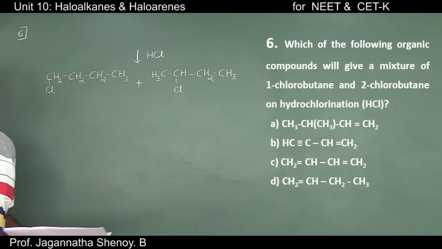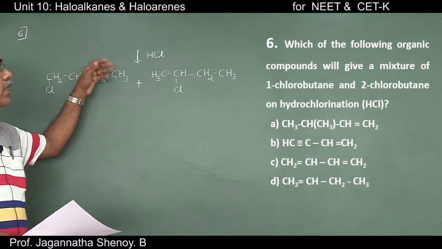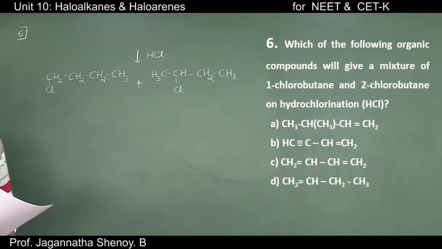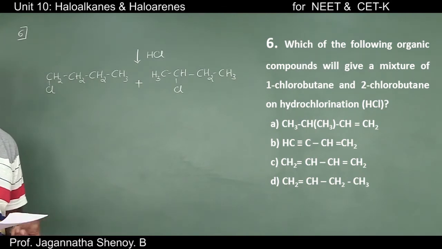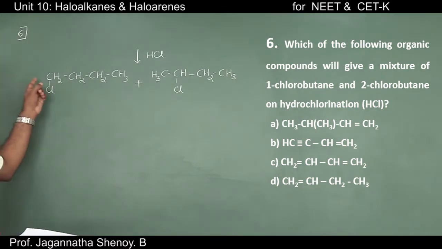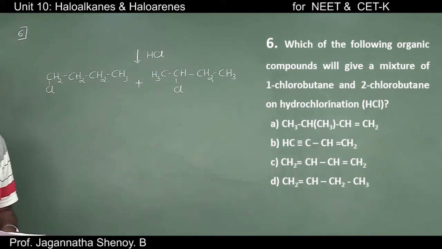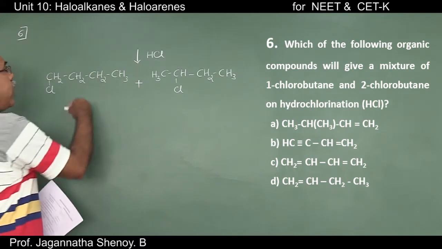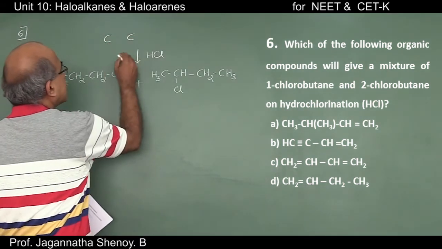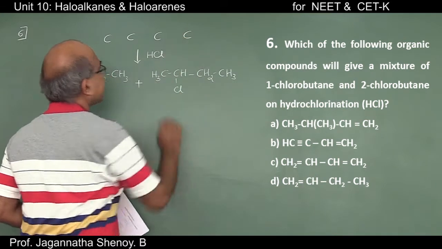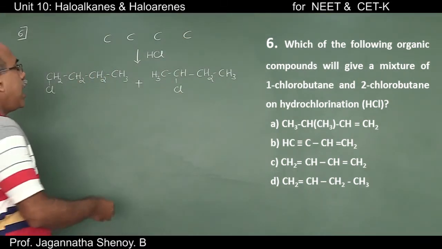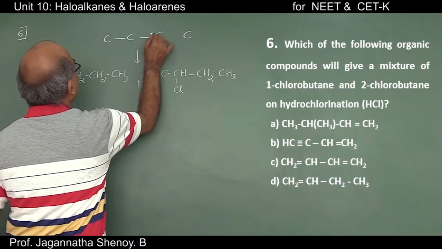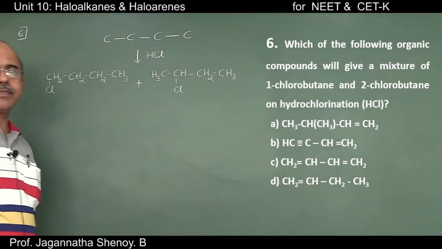So when you say addition of HCl, it is understood that the starting substance has to be an unsaturated hydrocarbon. And in this particular case, I have to go for an alkene. From the skeleton, it is very clear that the alkene must contain 4 carbon atoms. That's why I will go for the skeletal structure of the alkene, connected by single bonds.